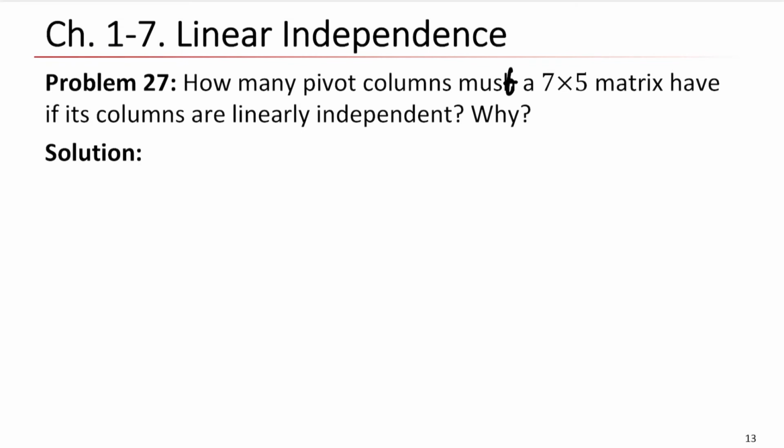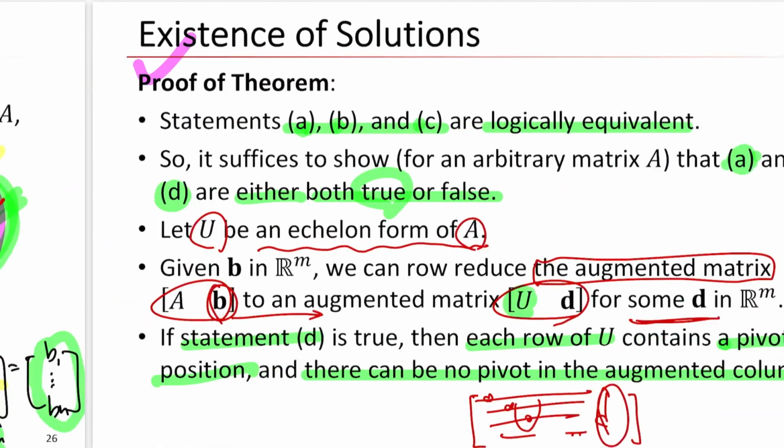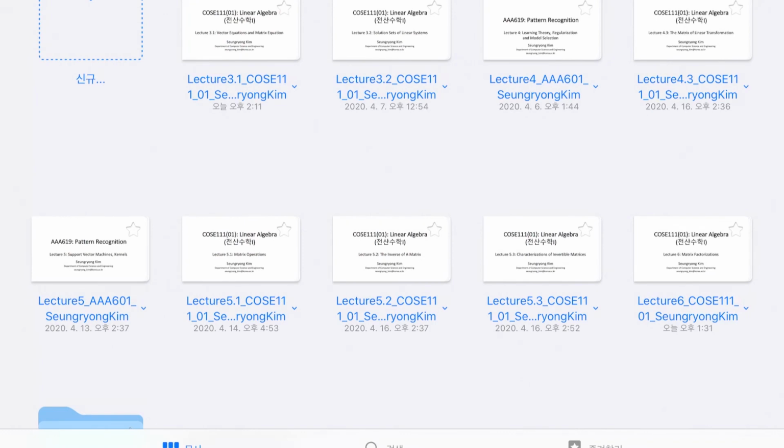Okay, so if each column is linearly independent, what does it mean? If these columns are linearly independent, then what is linear independence? Let's go back to the lecture.